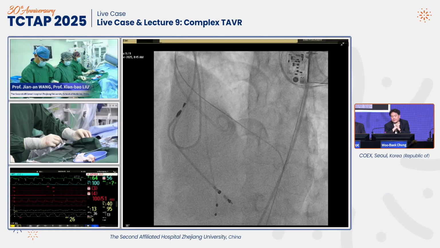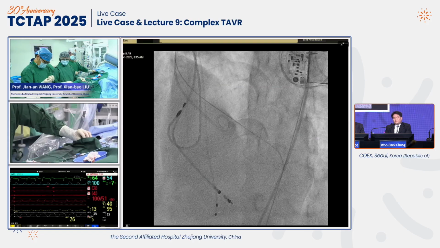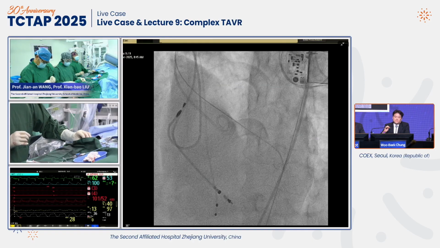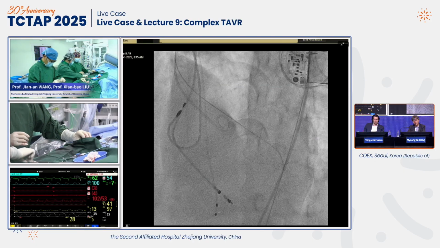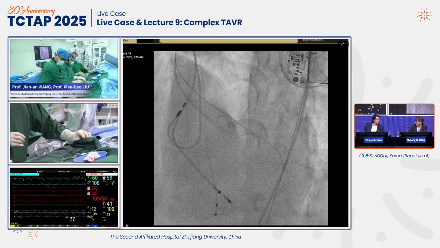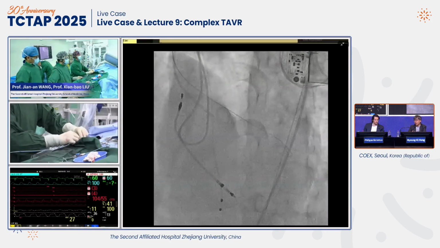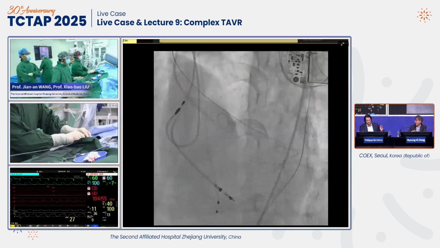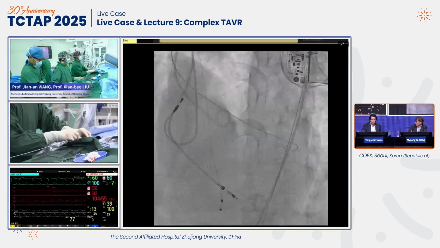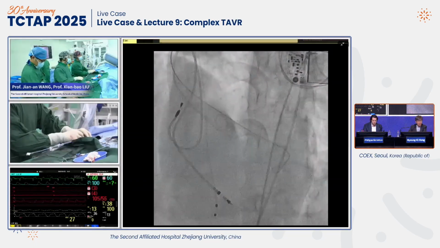Good comment. Actually, usually this kind of bicuspid valve in the 60s is actually not much experience because it's too early and the severity of calcium is not usual. Our bicuspid valve patient is a heavy calcium and the bicuspid valve and the elderly patient.